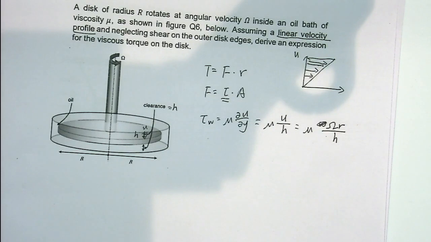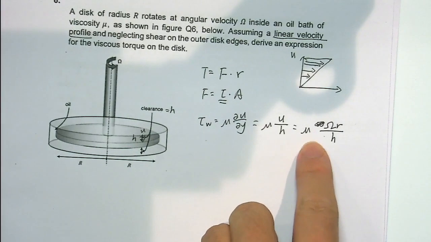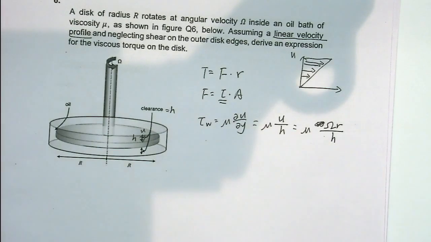So for the disk, at different radii, the shear stresses are not the same, because the equation of shear stress is linked with r.